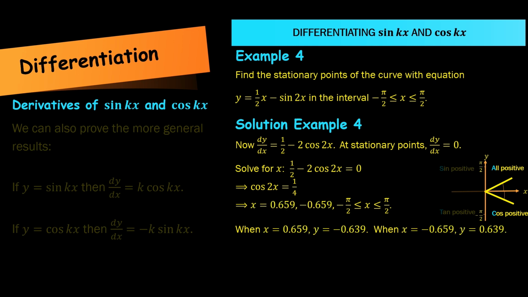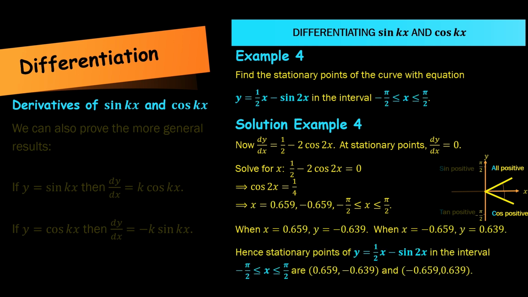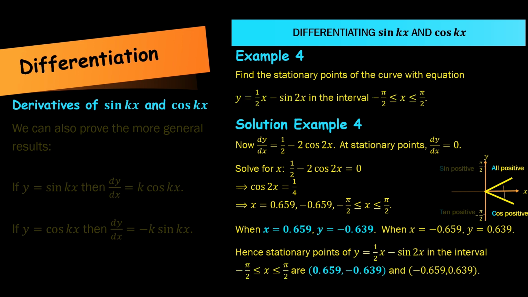And therefore, the stationary points of y equals a half x minus sin 2x in the interval x greater than or equal to minus pi by 2 and less than or equal to pi by 2 are (0.659, minus 0.639) and (minus 0.659, 0.639).